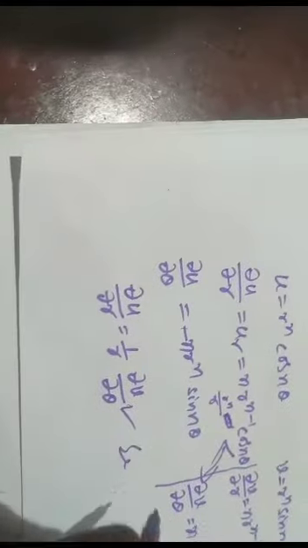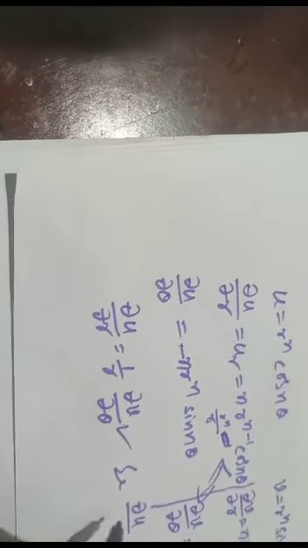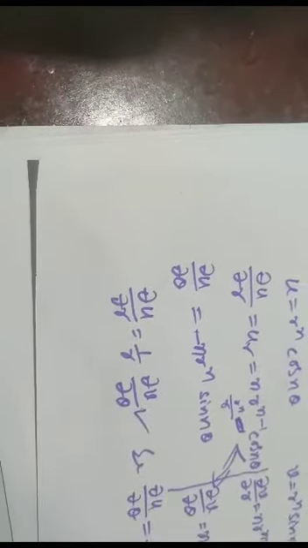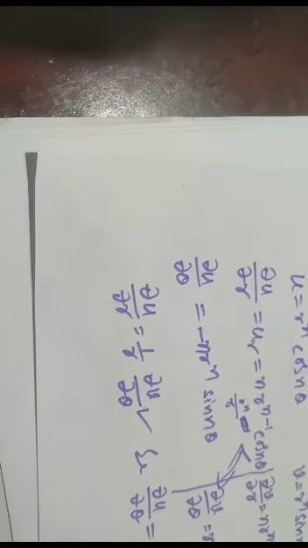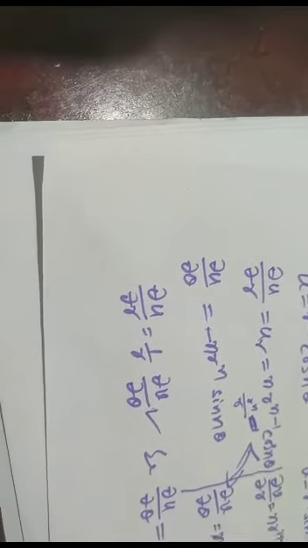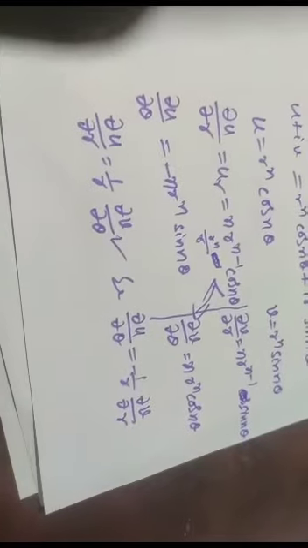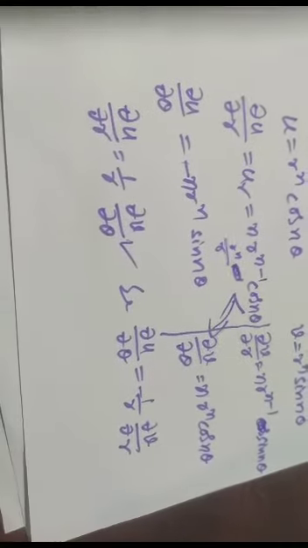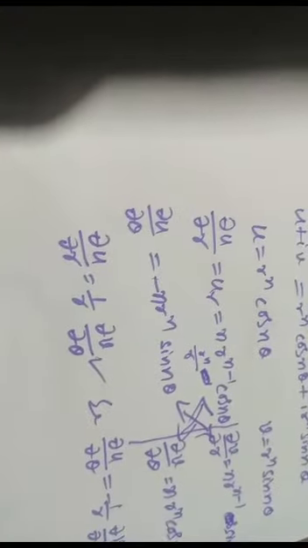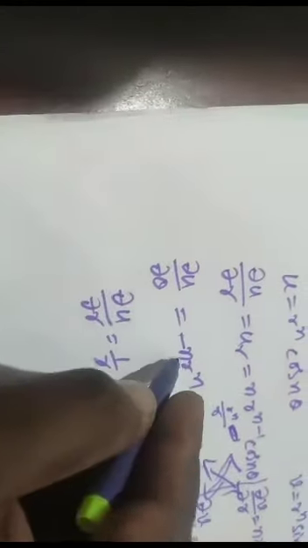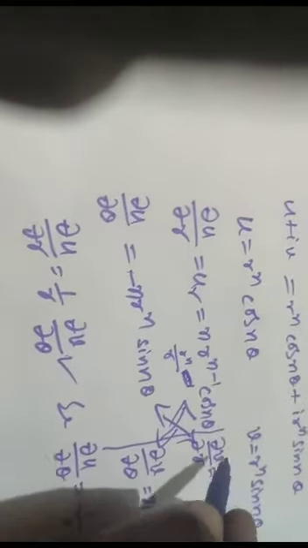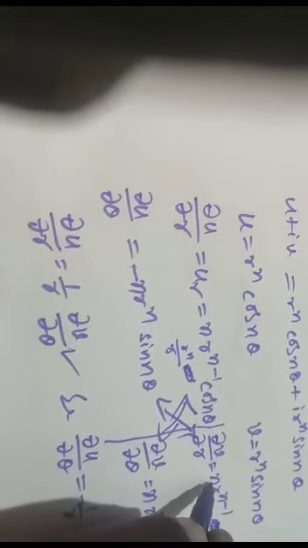And the second is ∂u/∂θ = -(1/r) ∂v/∂r. Here ∂u/∂θ is minus n r^n sin nθ, and ∂v/∂r is n r^(n-1) sin nθ.